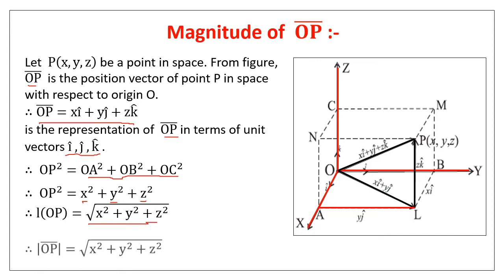So modulus of OP bar equals under root x square plus y square plus z square. Means student, if P(x, y, z) is any point given in space, then we can find its magnitude as under root x square plus y square plus z square.